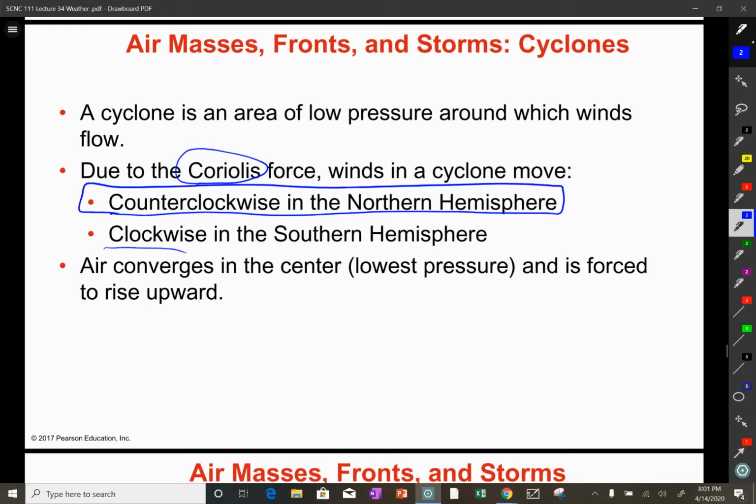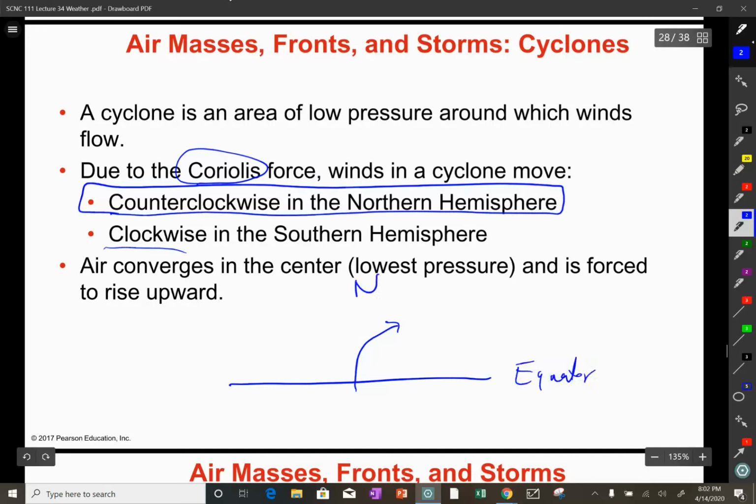And because of that, if you were to, for instance, throw a rock north from the equator, the rock would be traveling east at the speed you're traveling at the equator. And as it goes north, the ground underneath isn't traveling east as fast. And so as viewed on the Earth, it would appear to veer toward the east. So if this is the equator, this is north, that's north, south, east, west.